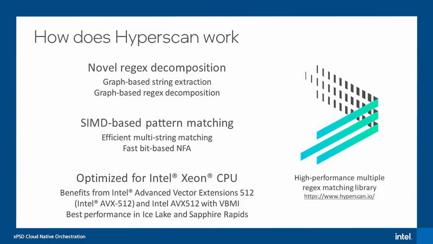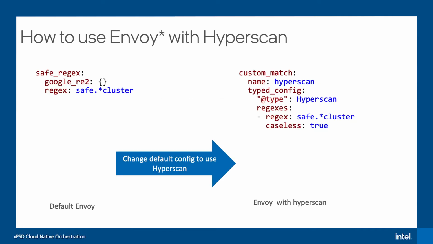Hyperscan uses this to match multiple regexes at once, and that is the magic behind this performance increase, which we're going to show in a second. Then how can you use Envoy Hyperscan? All you need to do is to change the default configuration on the left-hand side to the Envoy with the Hyperscan configuration shown on the right. And that's all you need to do.